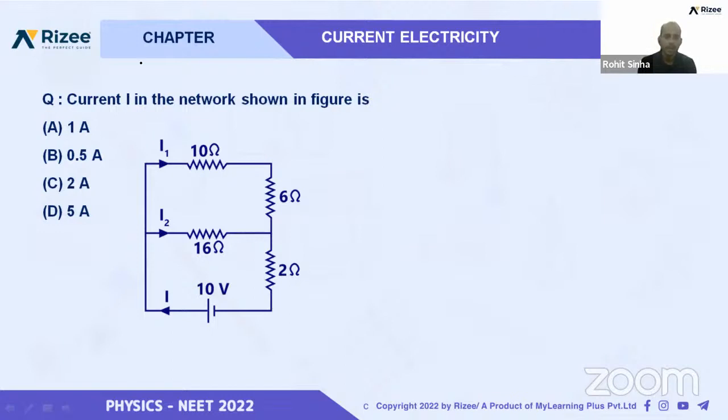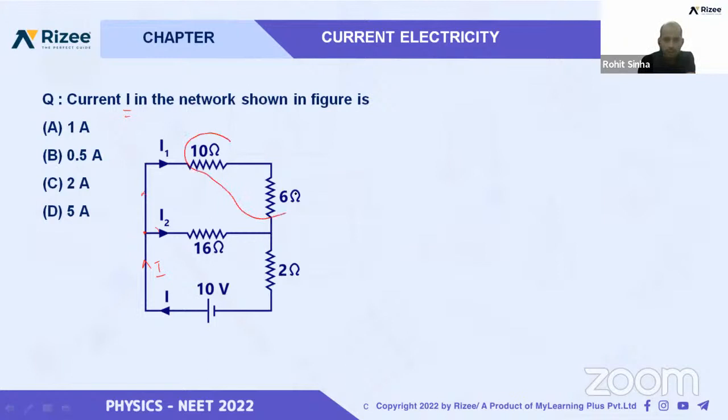What it is telling is that you have to find I. Now how to solve it? We know this I will go here. Now there is one problem. Let us see how: here one ampere is flowing through it, and we are getting a current division here. You see one trick.